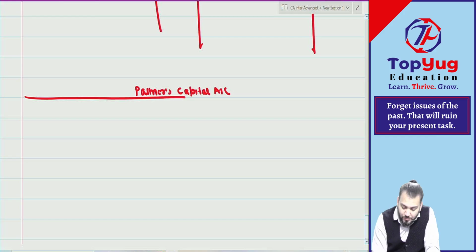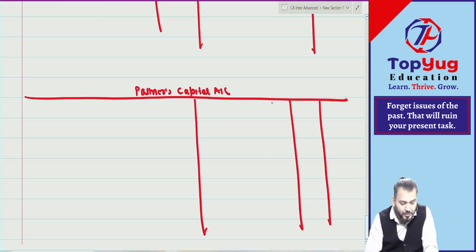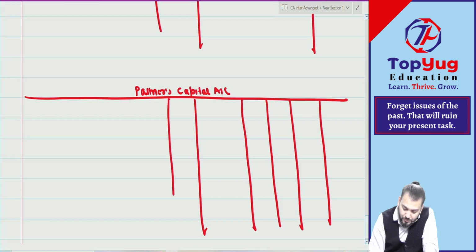Partners capital account with how many columns? There are four partners, so four columns.